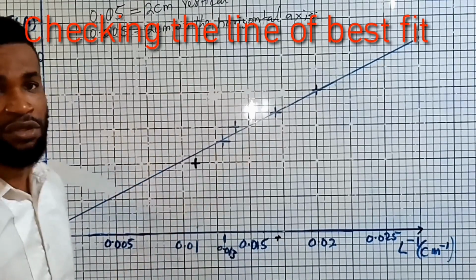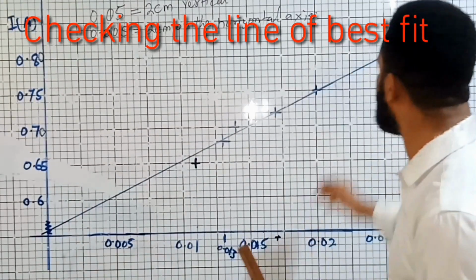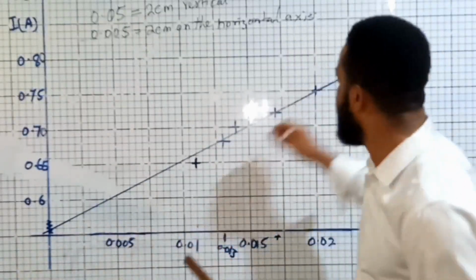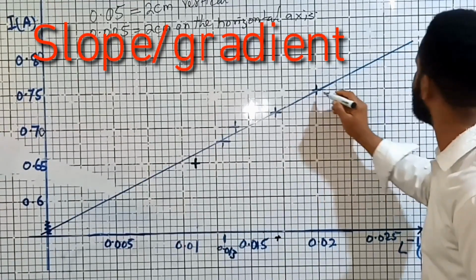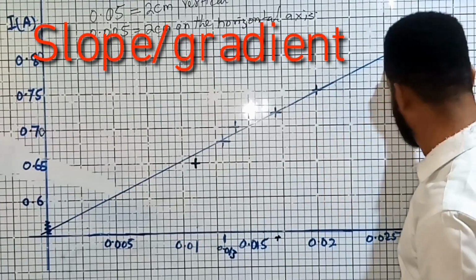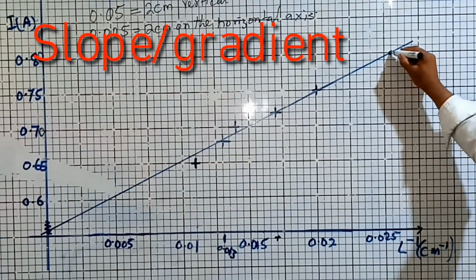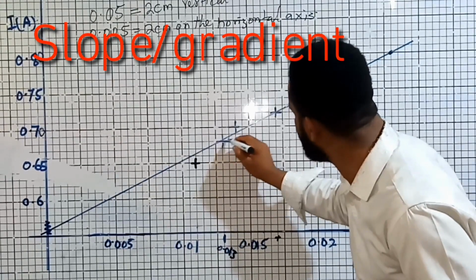So now I have to plot my slope. How do I do my slope? I will look for any point that enters on this graph. This point is well entered. This point is well entered. So I'm using this point. It entered the line. Okay, I'm using this one too.